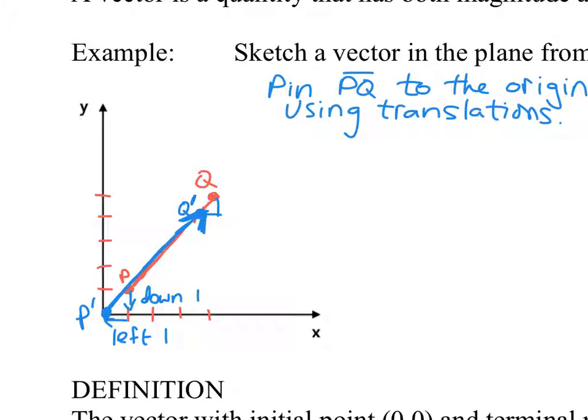So Q originally was at (4, 5). But what we did was a translation left 1, down 1 of point Q. And that gives me Q prime of (3, 4).